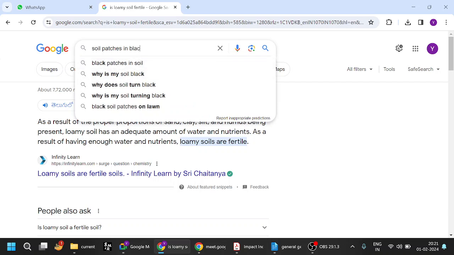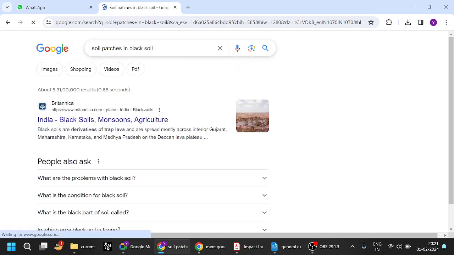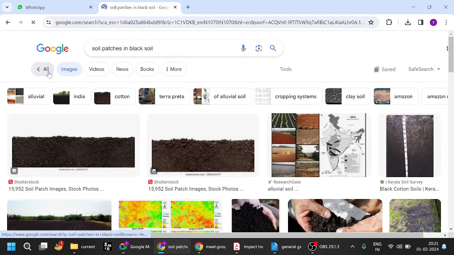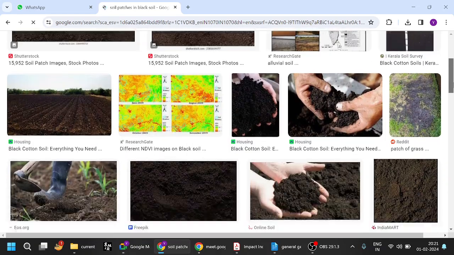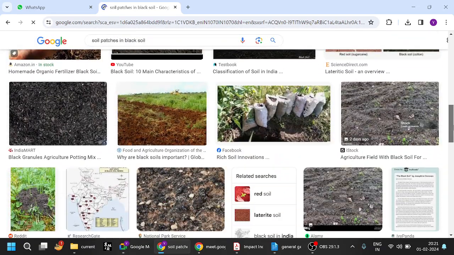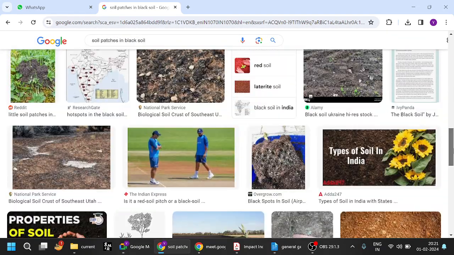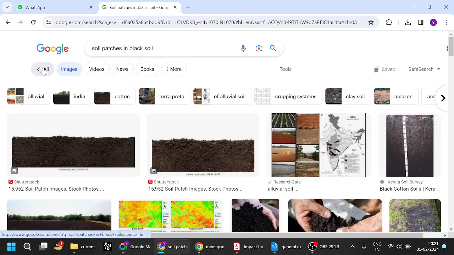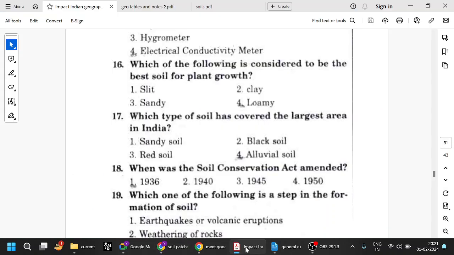Usually the standard photo they show for farmers' distress is patched land, so that is common in black soil because of the lot of clay content. Anyway, fine. Leave it.